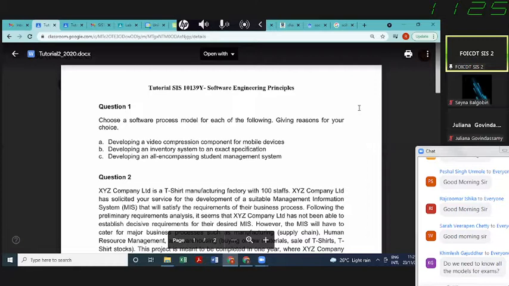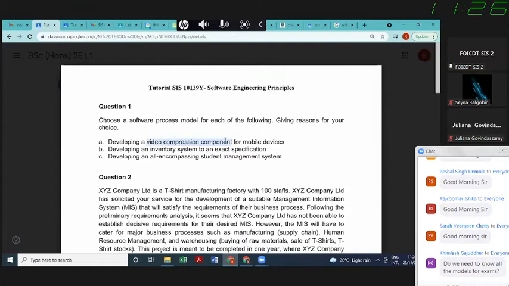When we talk about Scrum, Agile, or extreme programming, I'm not saying that quality is going to be compromised, but the focus of using these methodologies is rapid delivery of software. There is no mention that the software has to be delivered rapidly here, so I'm not really keen on using extreme programming for quality. Is that okay? Okay, thank you.